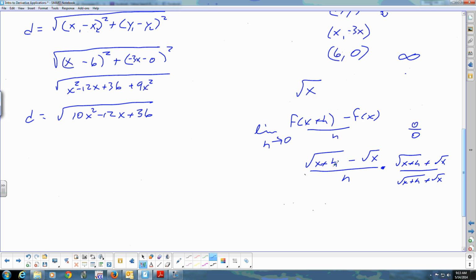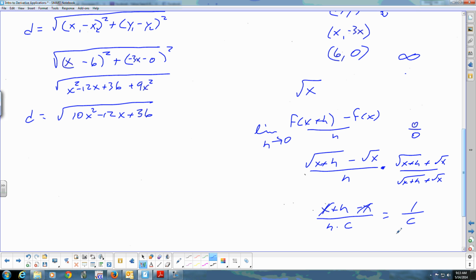This created the difference of squares pattern. So the end result of the difference of squares pattern is you square the first thing minus square the second thing, over h times your conjugate. The x's cancel out. The h's reduce.